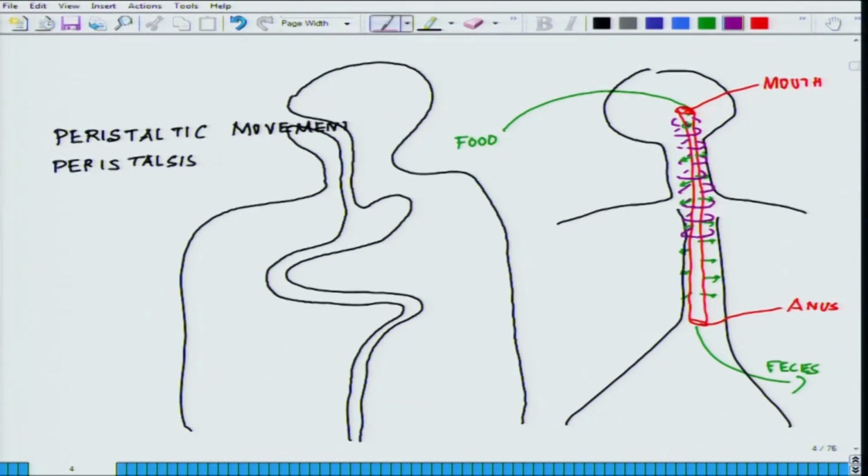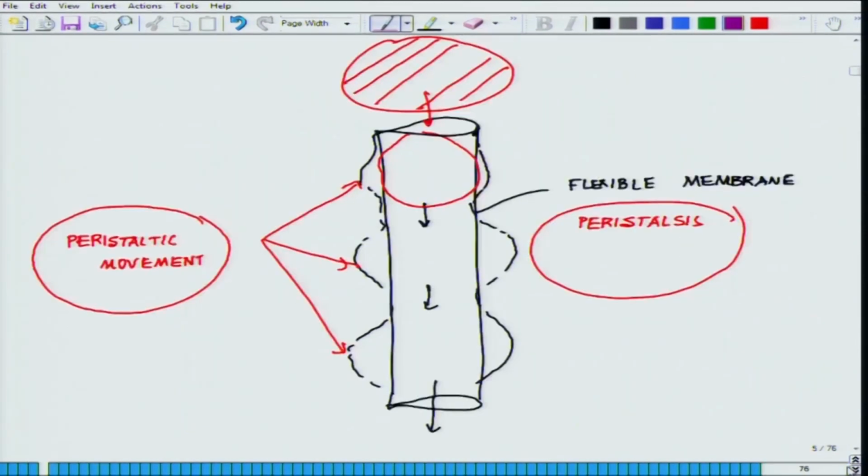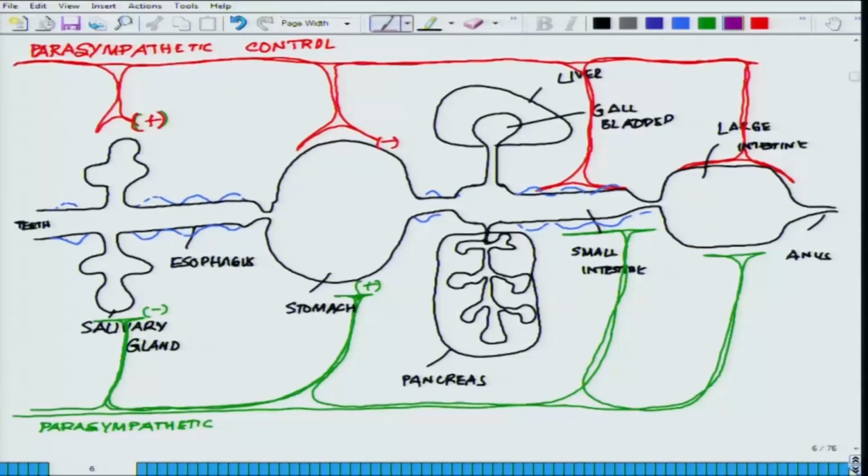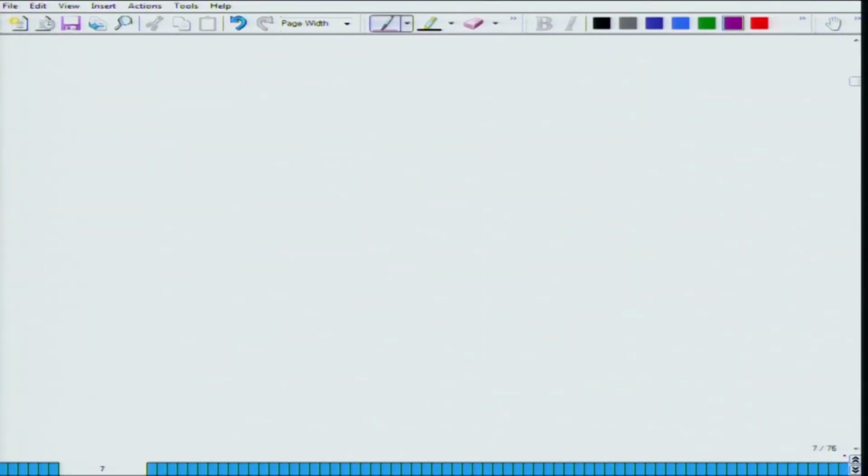There is a huge amount of blood vessels vascularizing it, because it is here that the body has to absorb all its nutrients. Now, after the sympathetic and parasympathetic control, I will draw the cross section.